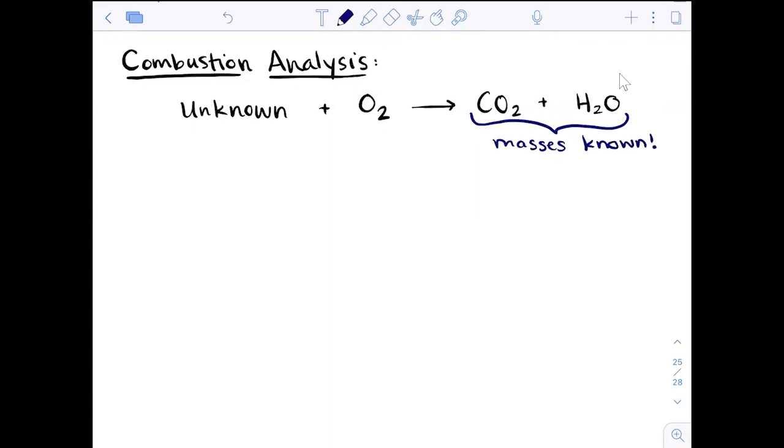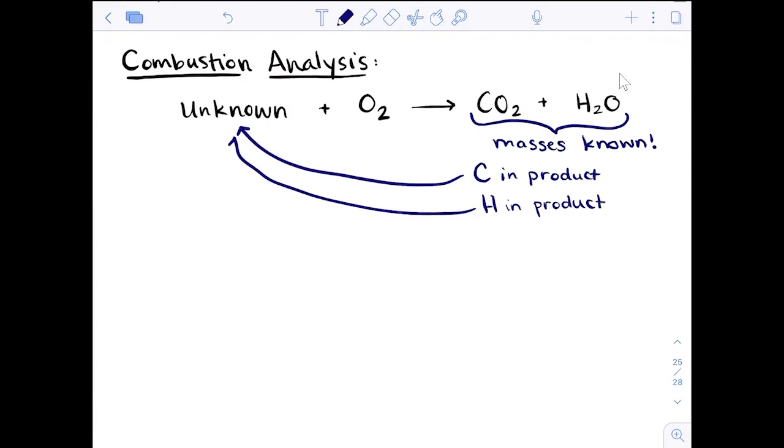So what's interesting about all of those masses that we know: the carbon in the product always comes from the unknown. The hydrogen in the product comes from the unknown.